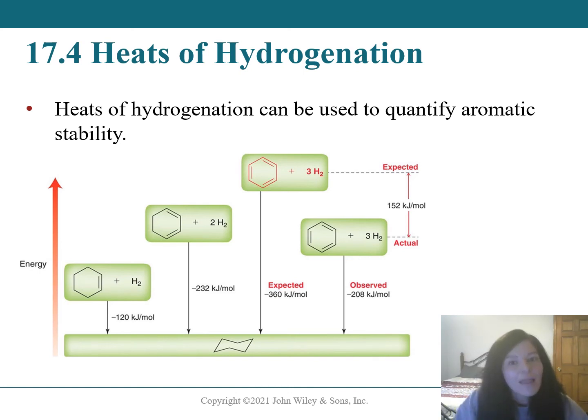But in actuality, it takes a lot less energy. It only takes about 208 kilojoules per mole, indicating that these double bonds are not only all in resonance, but that resonance makes the benzene molecule much more stable than it would be if those bonds were not in resonance with each other.